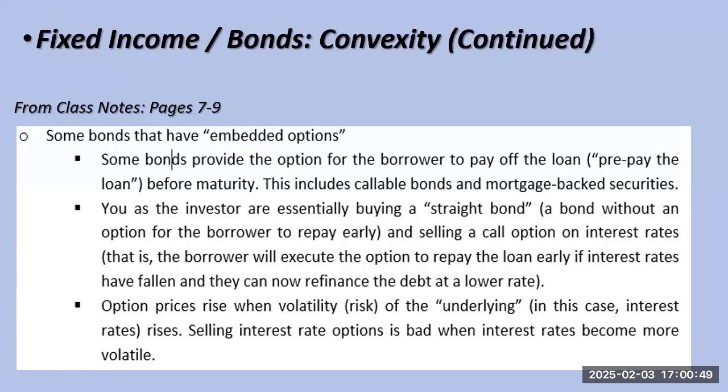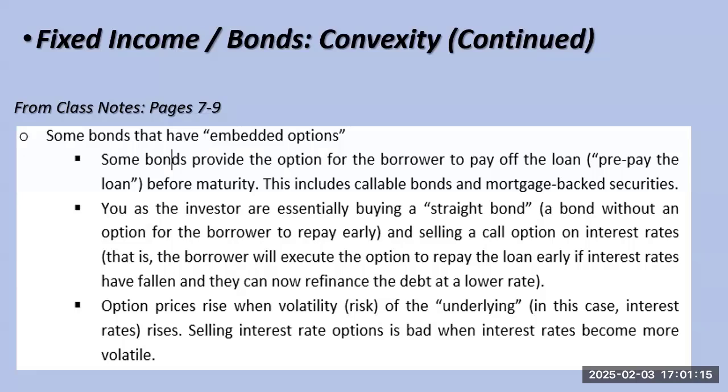You're actually buying one thing and selling something else. You're buying a bond, we just call it a straight regular bond, and you're selling a call option on interest rates, which makes it a really complicated transaction. These are really, really complex securities. So you're buying a bond and you're selling an option.